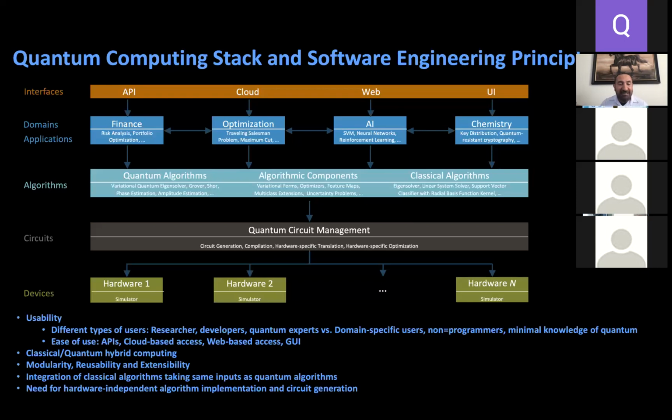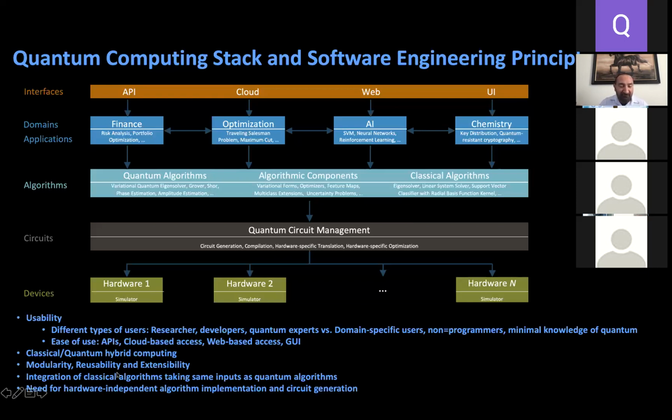So that translation layer takes place on a classical computer. And what are the software engineering principles that we are concerned about? We need to continue, as we did in classical computing, to make the code modular, reusable, and extensible.